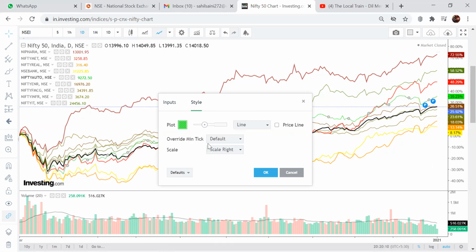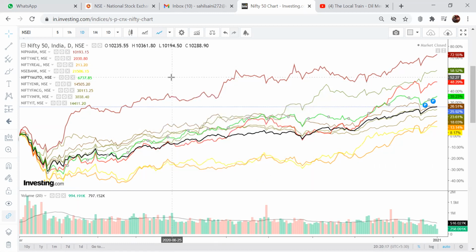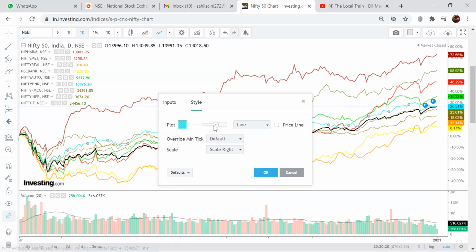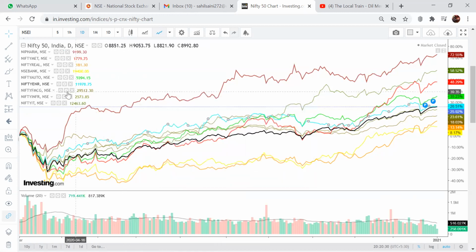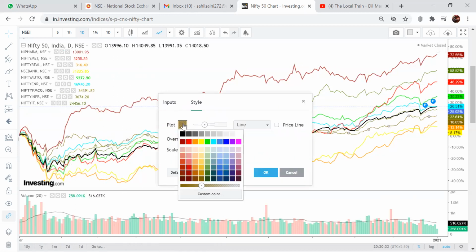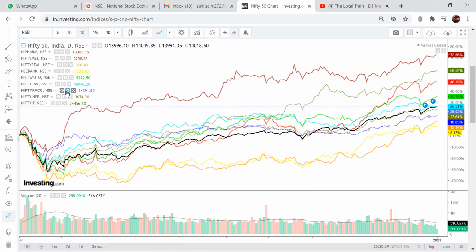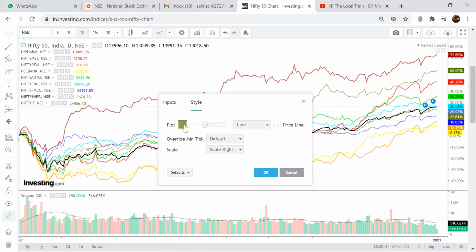First, we're going to compare after the crash, that is March, April, and then we will compare from the last 10 years. A close picture and a bigger picture. I know it's time consuming. It's okay. It's worth it.